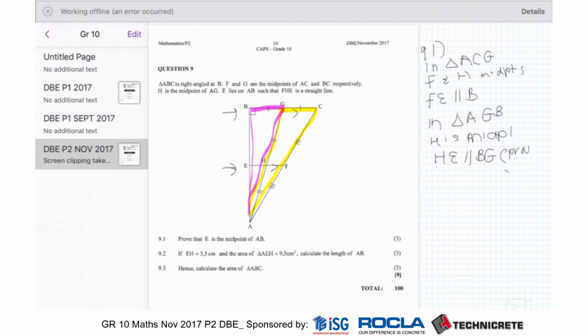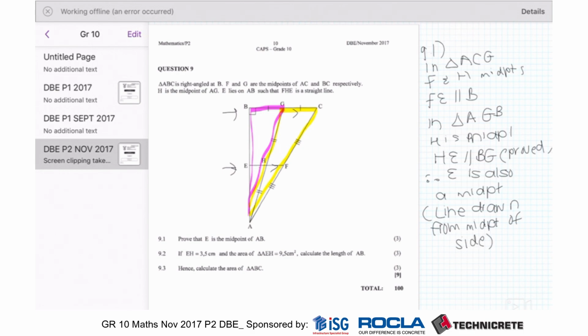We've already proved that those two lines are parallel. Therefore, E is also a midpoint, and the reason is because of the line drawn from the midpoint of the side.